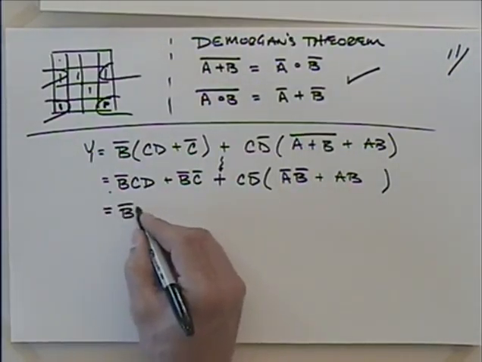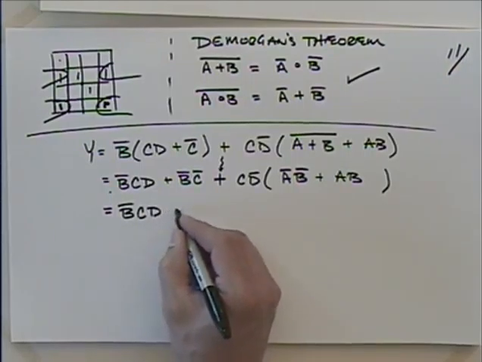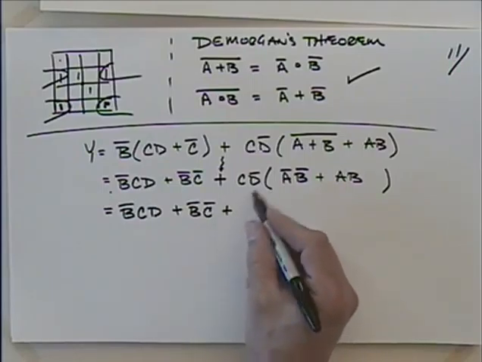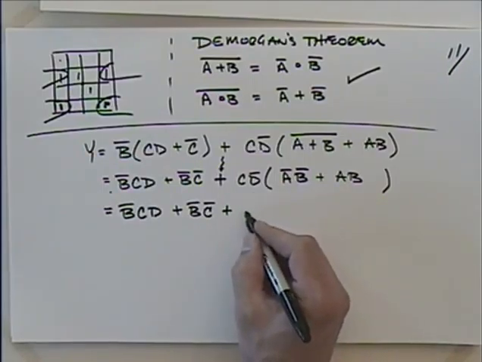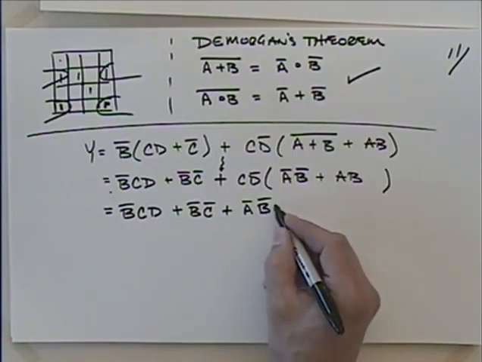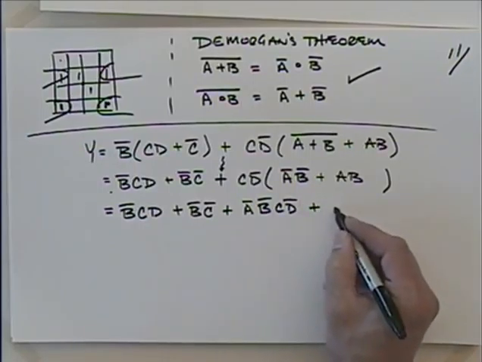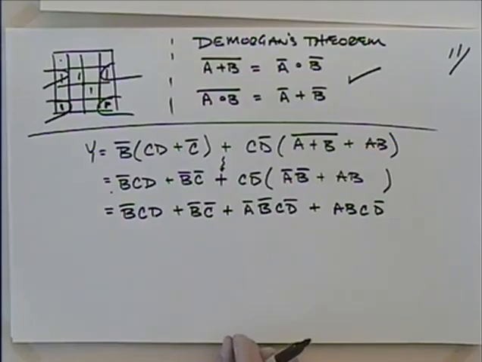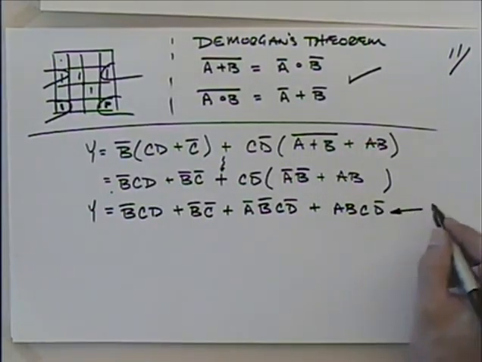We'll have not B and C and D, or not B and C, or as I factor this through, I'll just put it in alphabetical order, not A, not B, C and not D, or A, B, and C, not D. Now, could we do something with that? Yeah. Now we can go to the Carnot map.